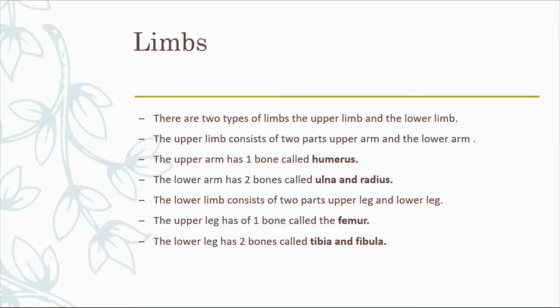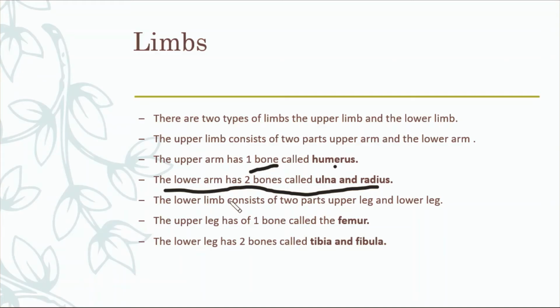Okay, so now we'll go on to the limbs. Now there are two types of limbs, the upper limb, which is our hands, and the lower limb, which is our legs. So now the upper limb consists of two parts, upper arm and the lower arm. So now this upper arm has one bone called the humerus, and the lower arm has two bones called ulna and radius.